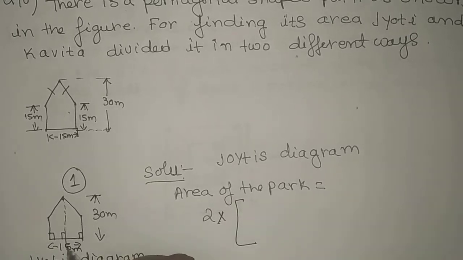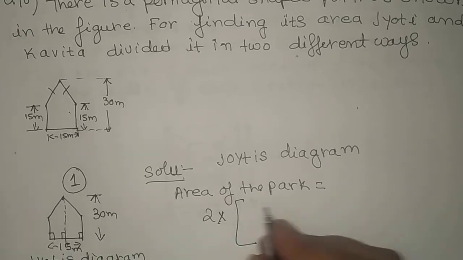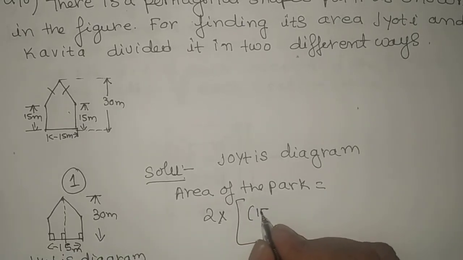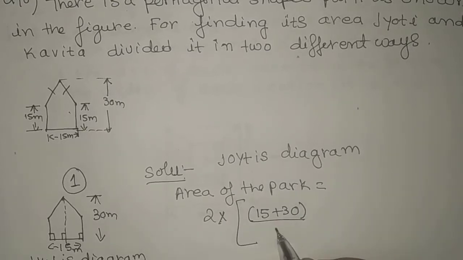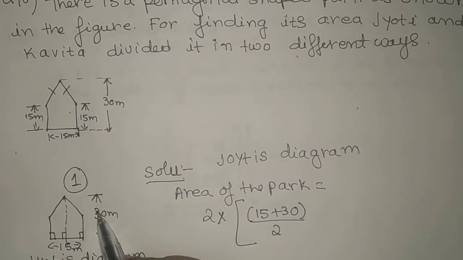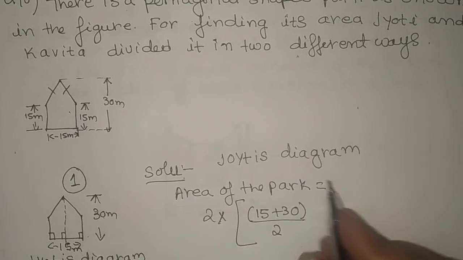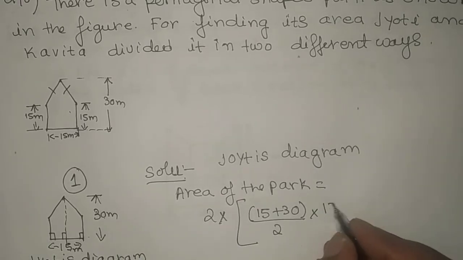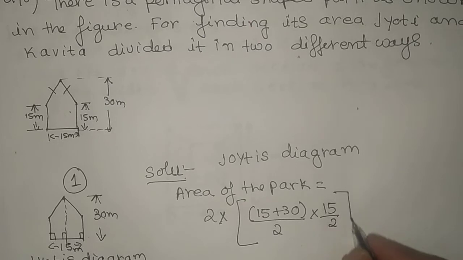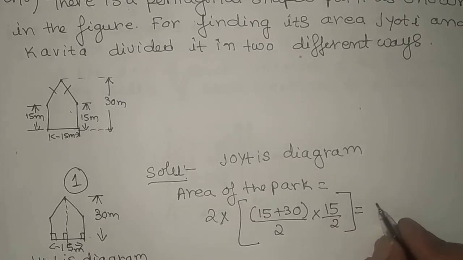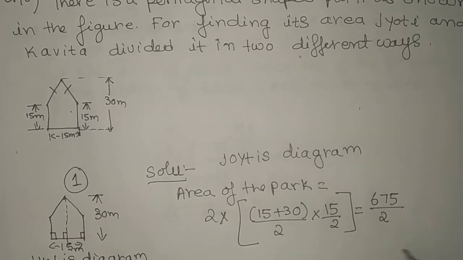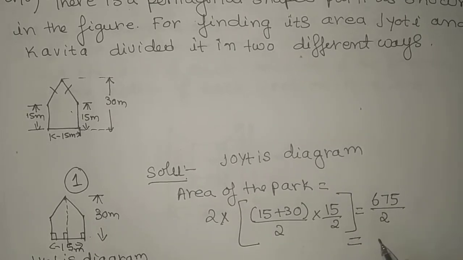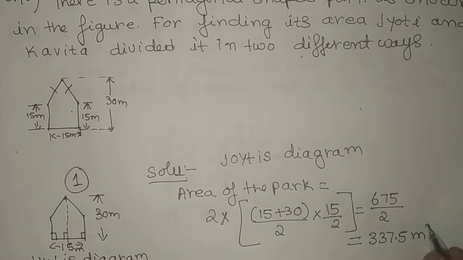Therefore 15 plus 30 divided by 2 into 15 by 2. So this becomes 675 divided by 2, which is equal to 337.5 m square.